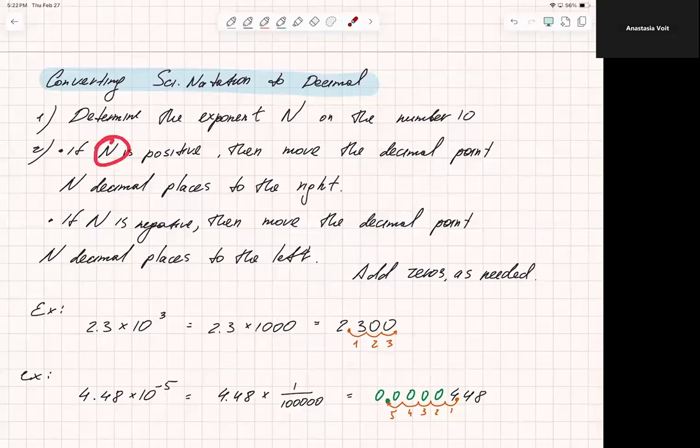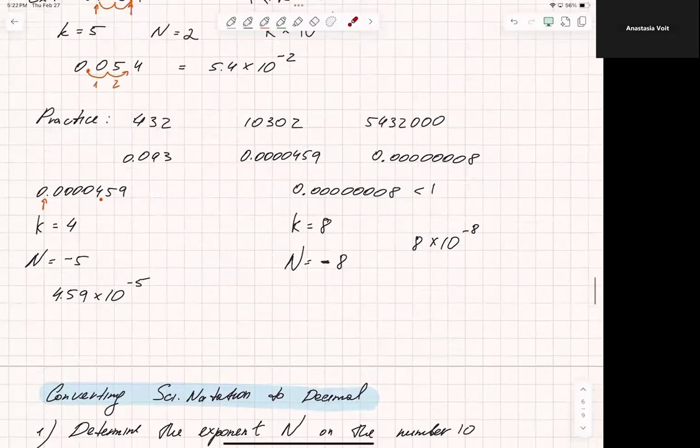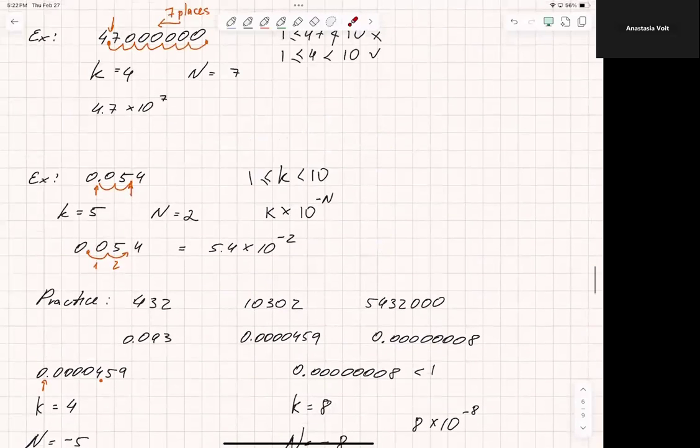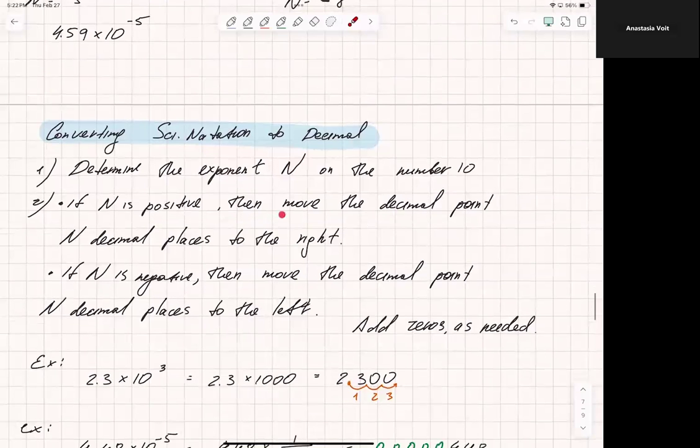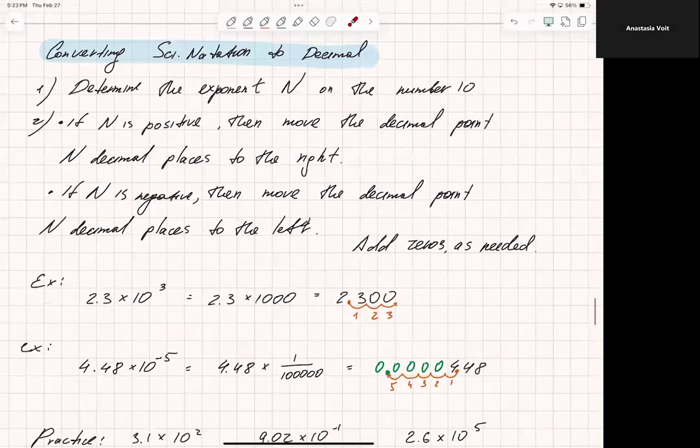If this n is positive, like this one, then we move the decimal point n places to the right. If it's negative, then we move the decimal point to the left. Also, we add zeros if we have some empty space.